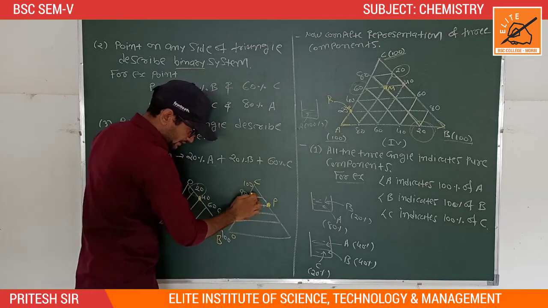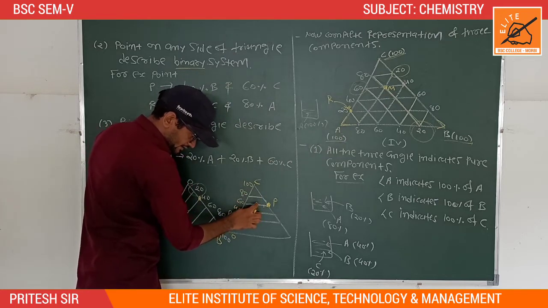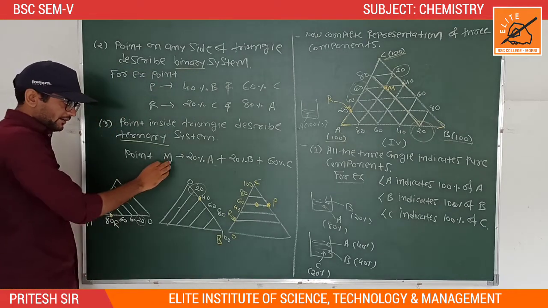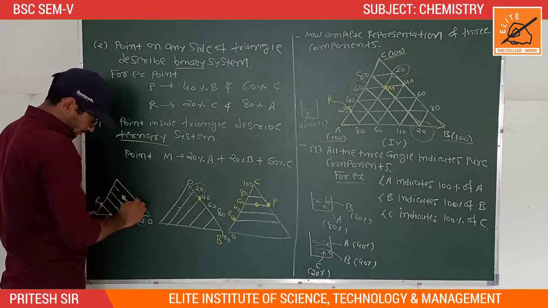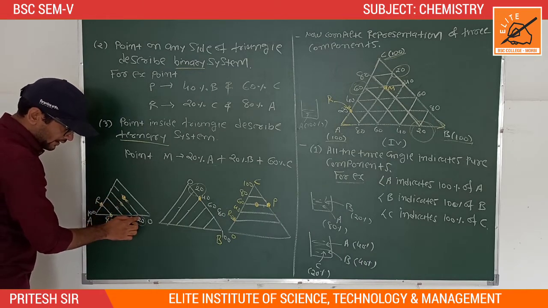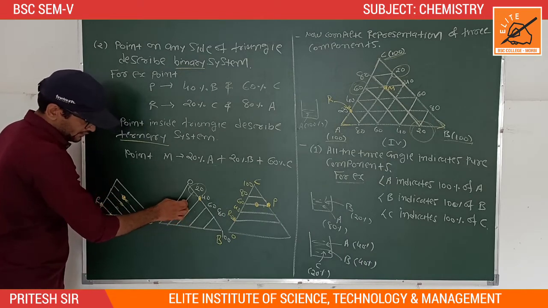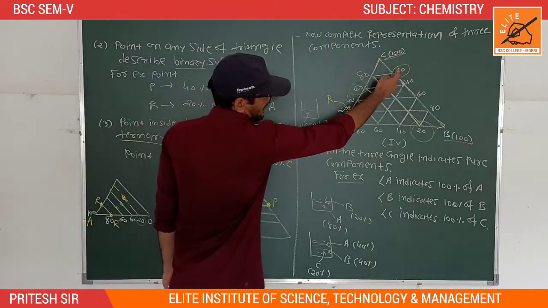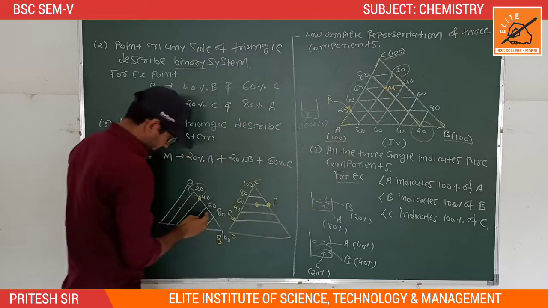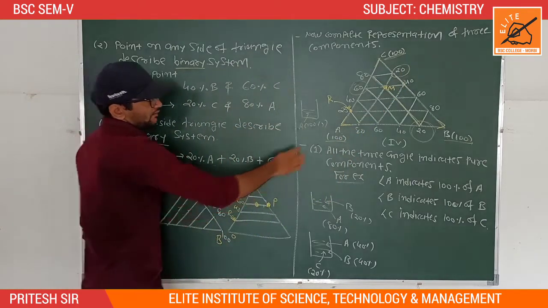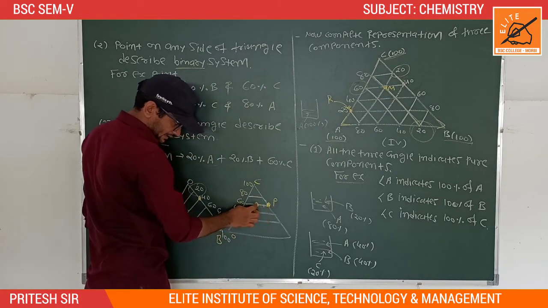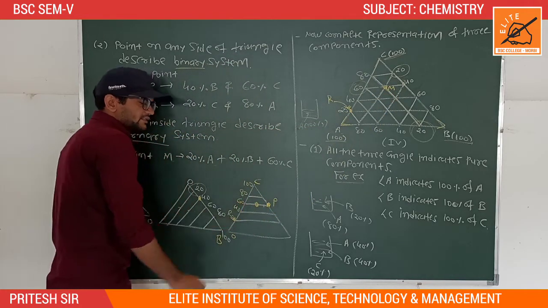So point M indicates 20% of A, 20% of B, and the composition of C is 60%.